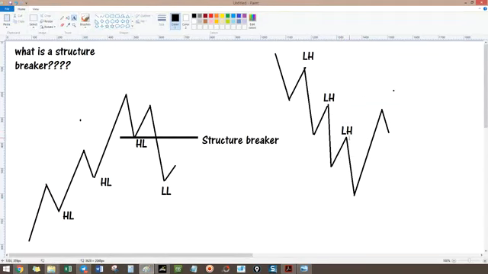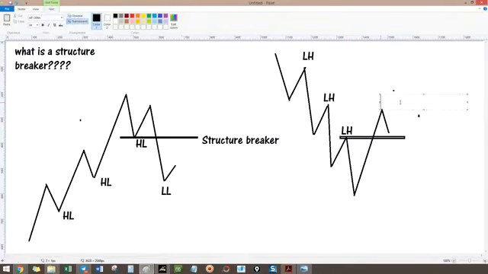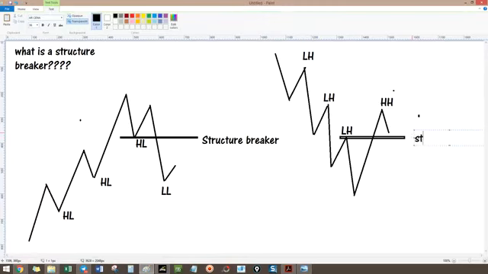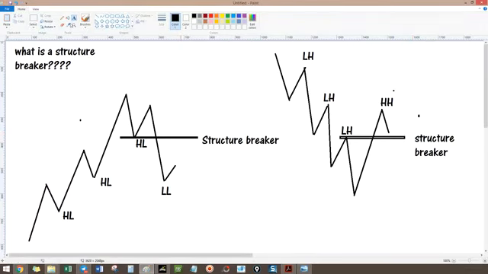So you need to break this lower high and become a higher high. Okay, this is also a structure breaker. Structure breaker. Okay. Understand?